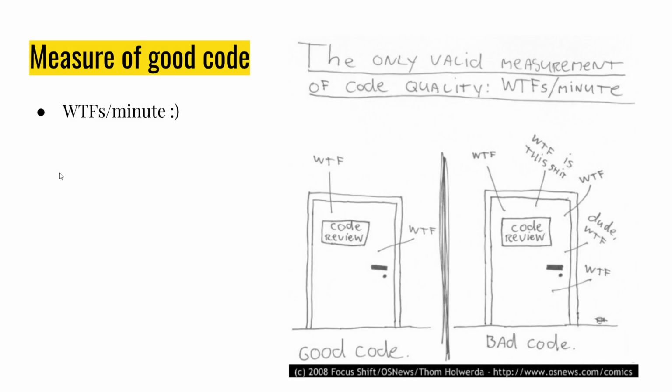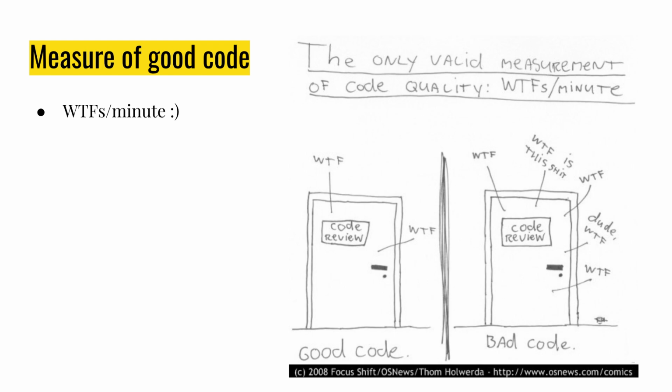So, 3 years ago, I would ask myself, how can I define the quality of my code? And then I would think about lines of code, about tests, about the amount of files, classes, and then nothing really comes to help as much as this measurement, which is WTFs per minute.